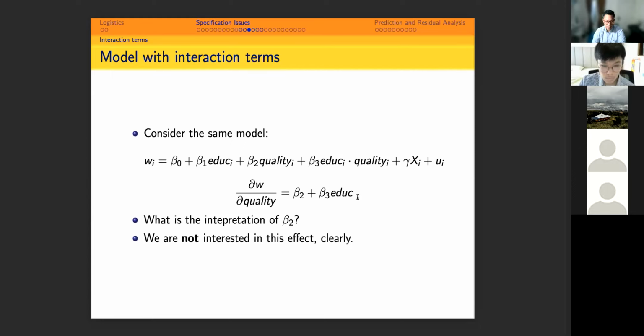So there's kind of like a complementary effect of education on school quality. So what is the interpretation of beta 2? Anyone? If you pay attention to the previous one, which is the derivative of wage on quality, what is the interpretation of beta 2 right here?